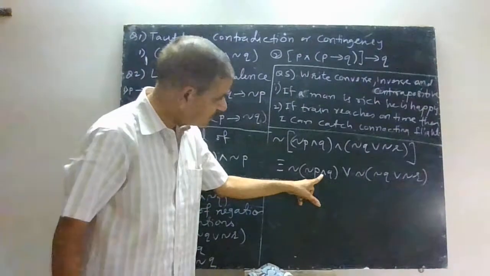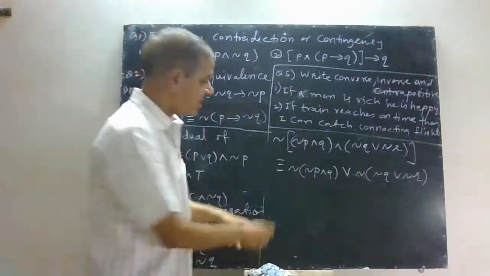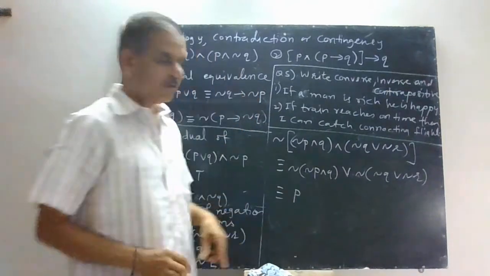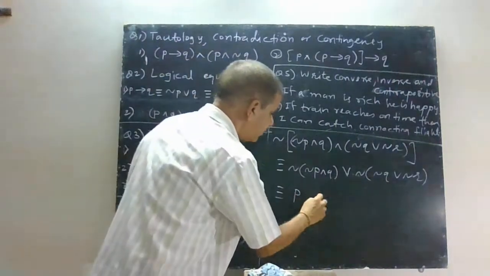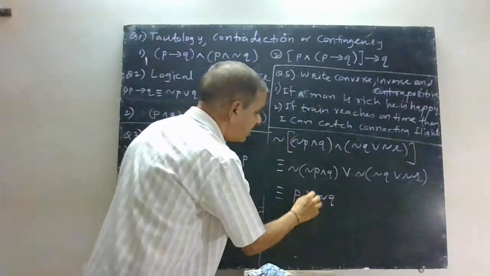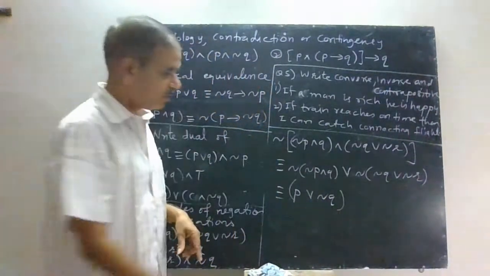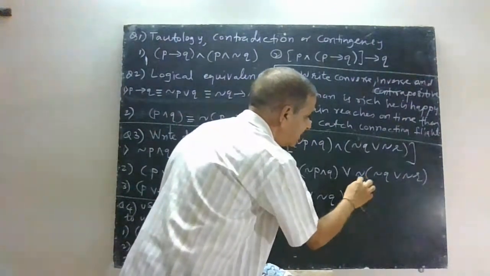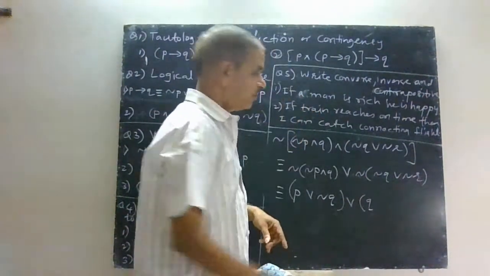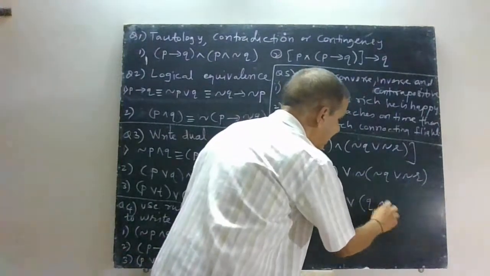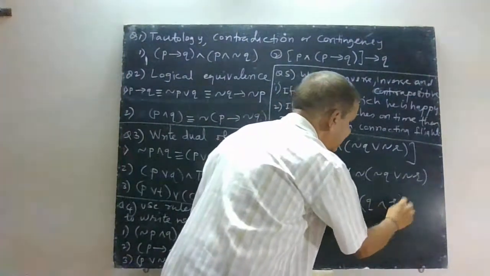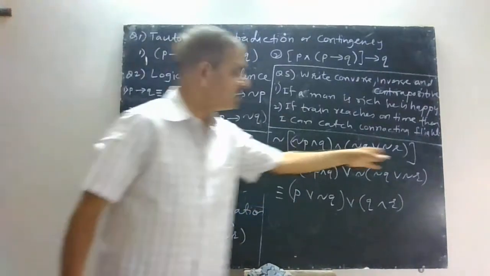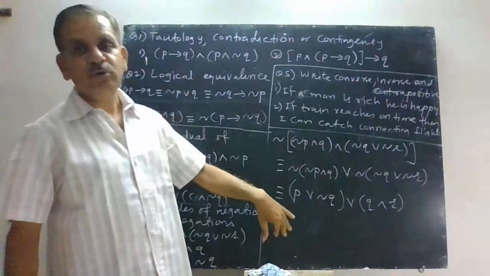Now this is an and type of statement, so negation of P is P, you know that, and then negation of Q and is replaced by R, so that will be your first one, or as it is. Then the negation of the R statement: negation of Q is Q, replace or by and, negation of R is R. So that is how you will write the negation of the given statement using rules of negation.